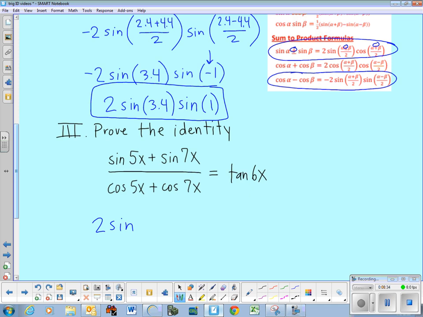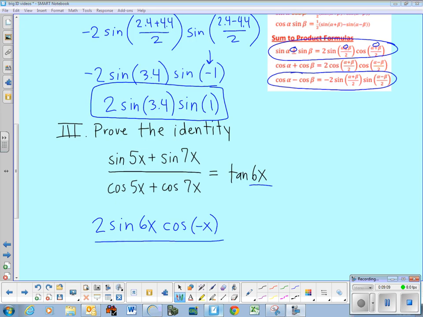So that would be 5x plus 7x, which is 12x, over 2, which is 6x, which appears to be conveniently turning into the argument over here. But to finish that up, I need to multiply that by the cosine of (alpha minus beta), (a minus b) over 2. So for me, that would be negative 2x over 2 or negative x. All right, 5x minus 7x is negative 2x, divided by 2 is negative 1x.